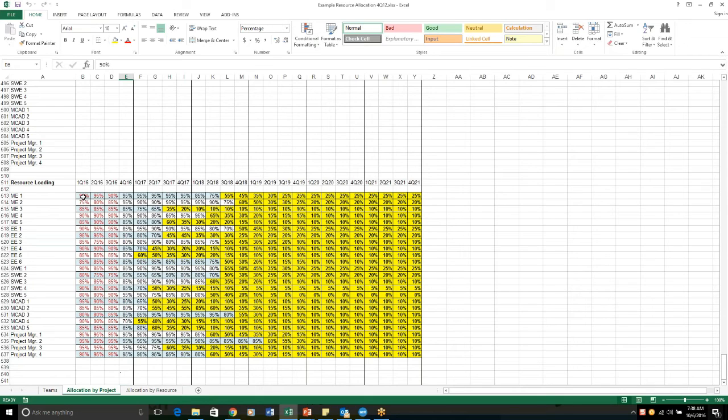So here, ME number one spent around 90 to 95% of his or her time. This is the projected loading, and the yellow is a subjective way I used to graphically illustrate when the resources were going to start to get freed up in order to work on other projects.